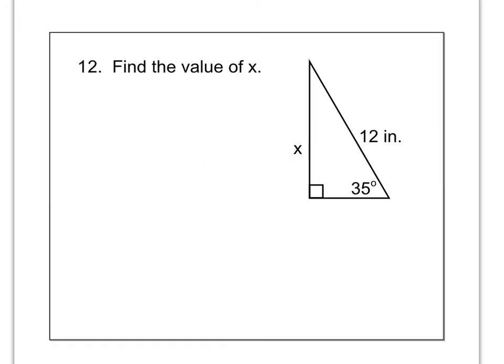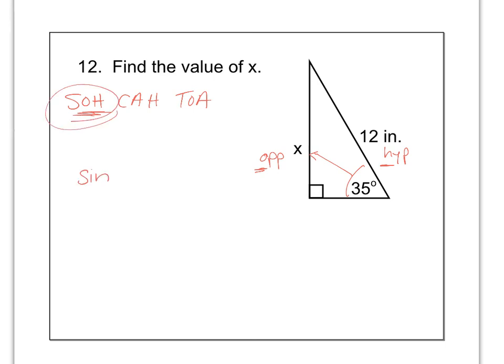Okay, pause the video, try number 12. Here's your angle. X is opposite of the angle. 12 is hypotenuse. Think of SOH CAH TOA. Pick the one with the O and the H. Here it is. So you're going to use SO, which the S stands for sine.